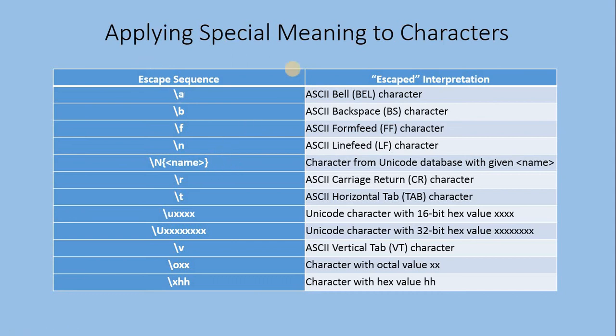Before showing this, I'll show you this table which we use to apply special meaning to characters, like backslash n for new line, backslash t for tab, backslash r for return characters, and all others. So let's begin with the example.